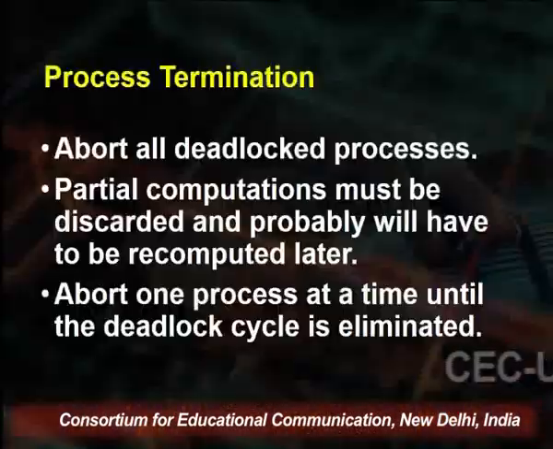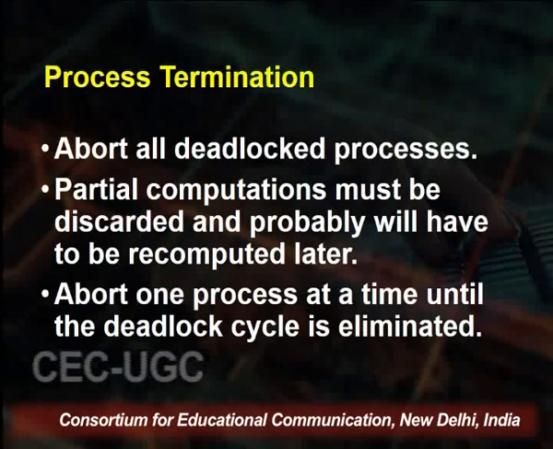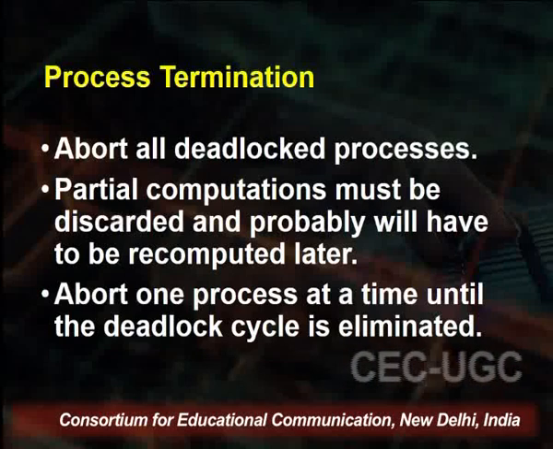Now which processes are we going to abort or terminate? I understand that this is an economic decision: if we are going to look for a particular process to terminate, then we are looking for the minimal cost. That means our system should be paying minimal cost for that termination.